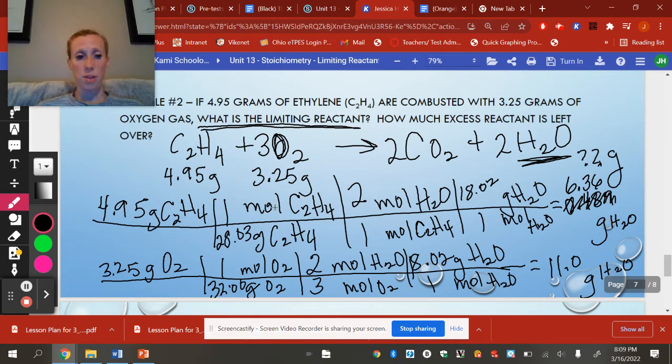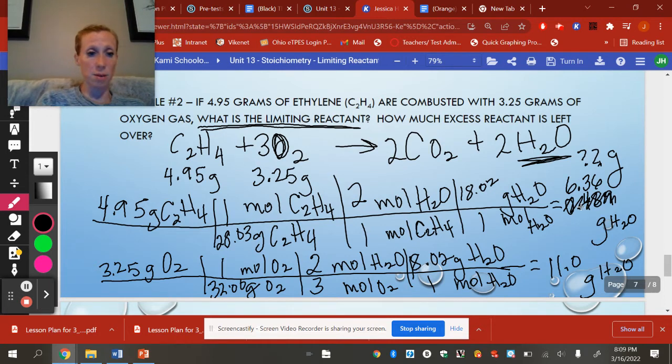Which of these two things, the ethylene or the oxygen, is my limiting reactant? Remember, when comparing two things that are the same, grams of water, whichever one is a smaller value is telling us what the limiting reactant is.